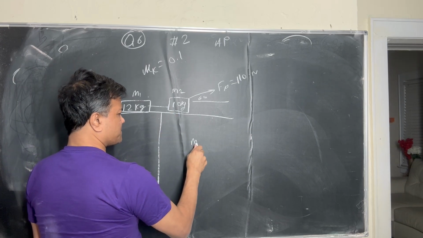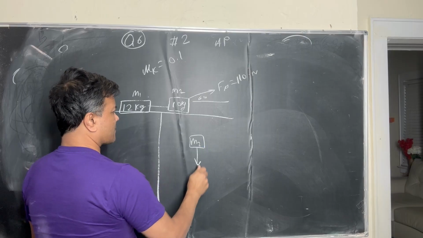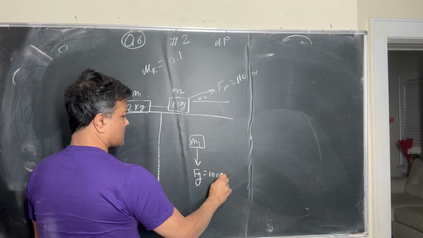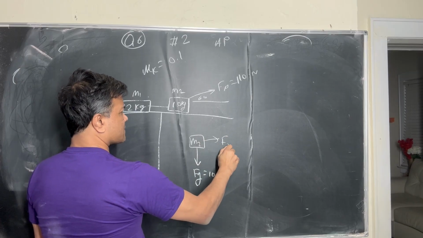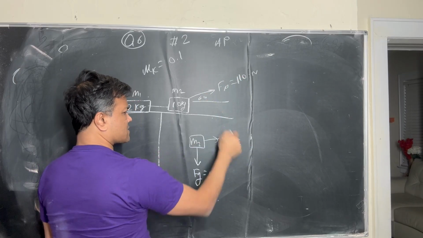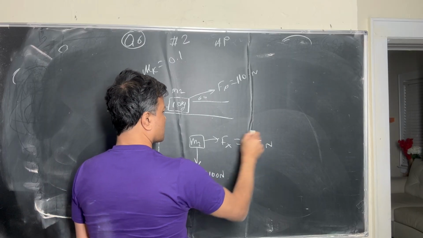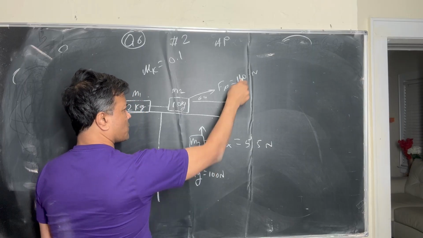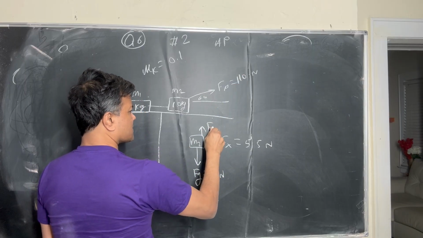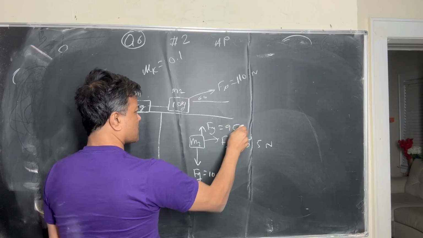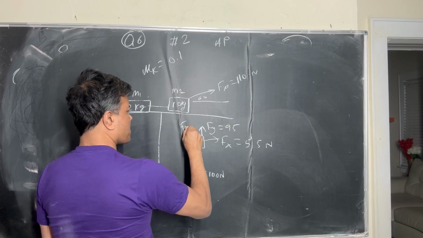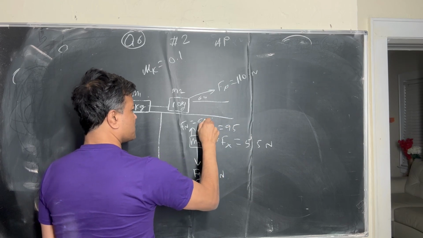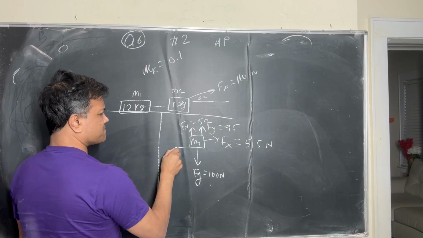So M2, this is 100 Newton. Fx, 100 cosine 60. Fy, 95 Newton, 100 sine 60. So Fn, 100 minus 95, 5 Newton.